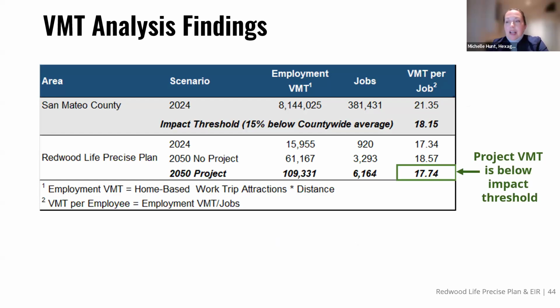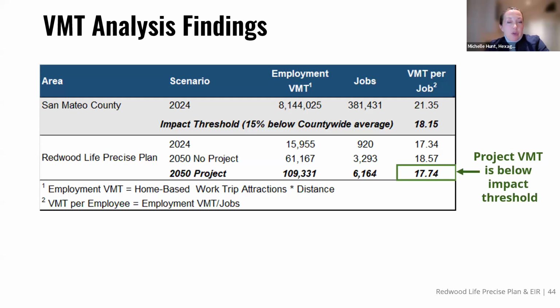The VMT findings will be included in the CEQA document. But first of all, the VMT is evaluated not as a total measure, but per job. So this is the amount of travel in miles per job that would be for the project. So it's compared to the baseline average VMT per job for San Mateo County, which is 21.35 miles for each job in San Mateo County.